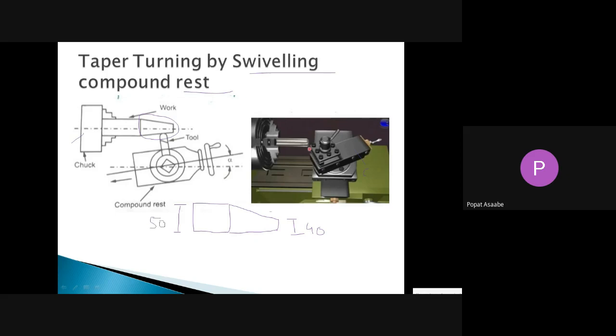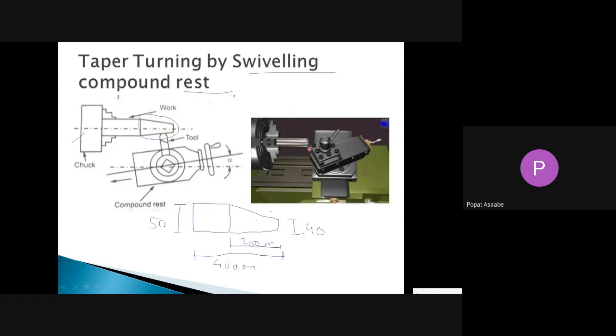The overall length of this component will be 400 mm, and the taper length will be 200 mm. Okay, this is the picture.